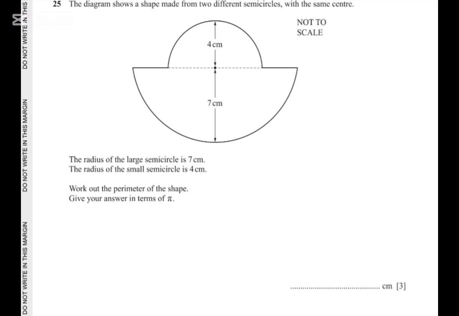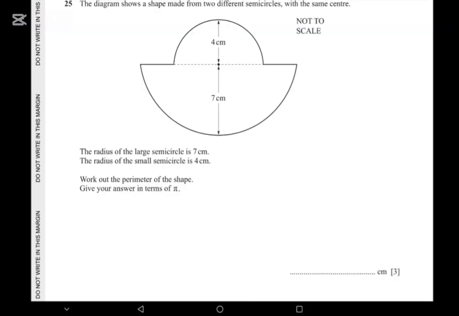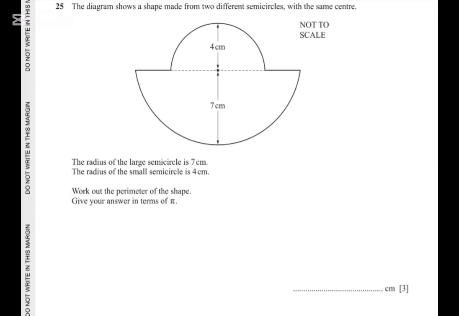So for the large semicircle, 2 pi r will be 2 into pi into 7 by 2, plus again 2 pi r for the small semicircle, so 2 into pi into 4 by 2. So 2 gets cancelled, 2 gets cancelled.